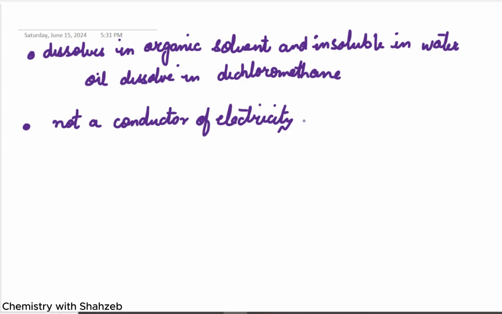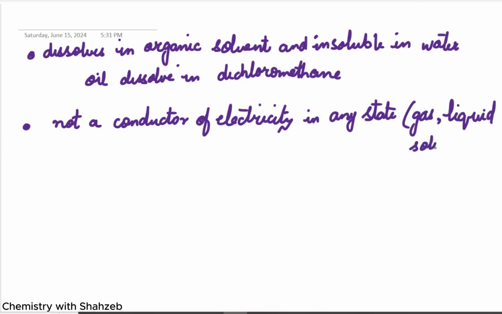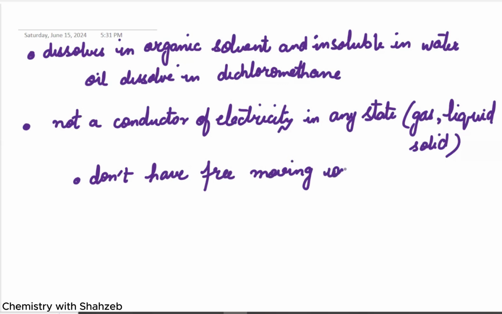So they are not conductors of electricity in any state, either gas, liquid, or solid, because they don't have free moving ions or electrons. So the reason seems to be quite simple.